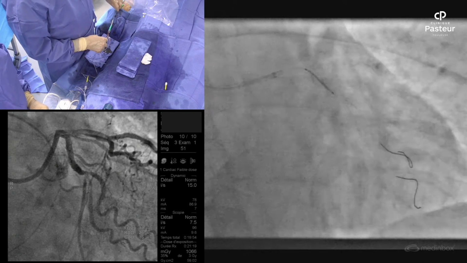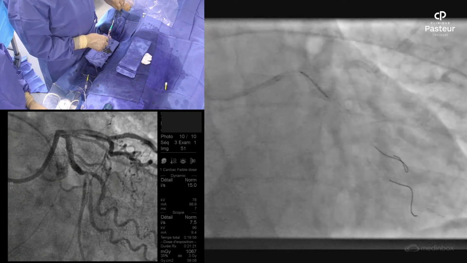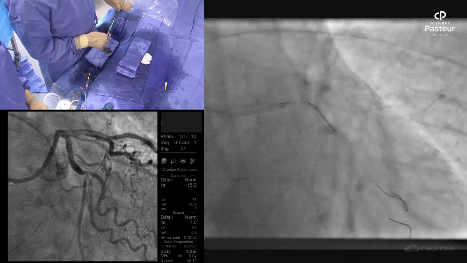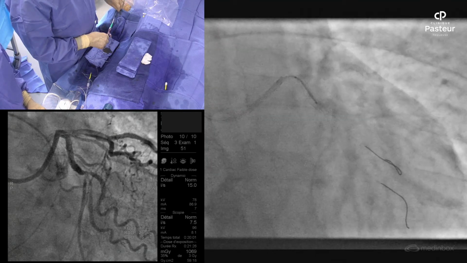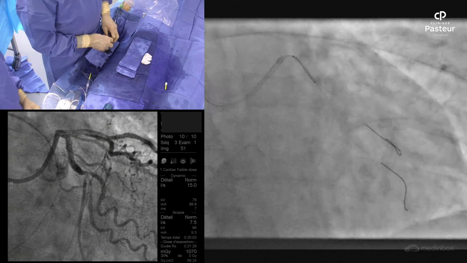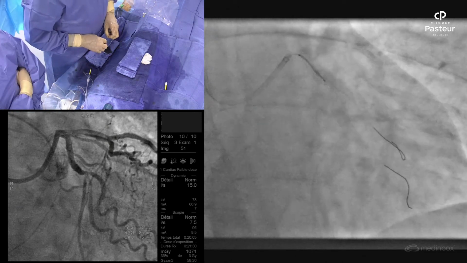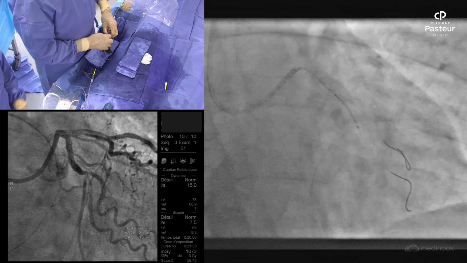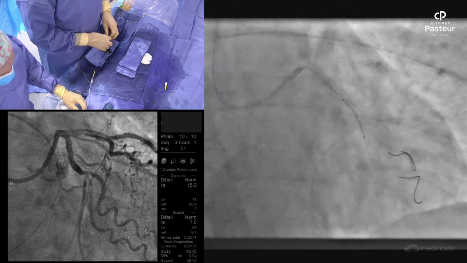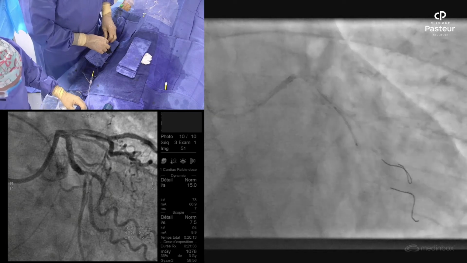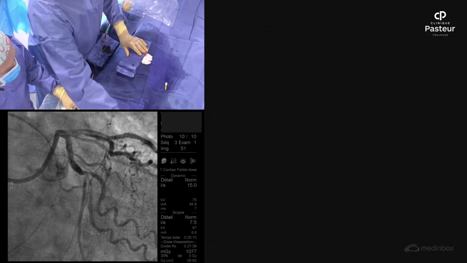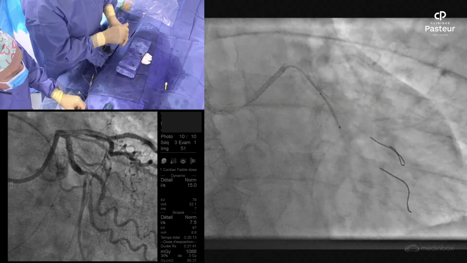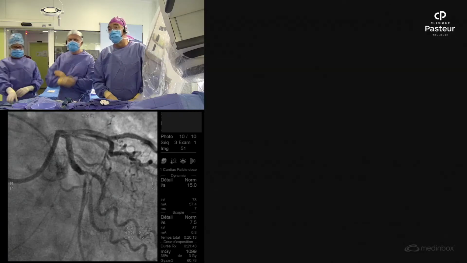Now, because the stent is in the proximal circumflex, I will advance the guiding catheter a little bit more in order to increase the backup, the support. And now I will advance the stent inside OM2. So now what we need is to advance the balloon. We can take a view of that. I can advance a little bit more, and we could remove it.